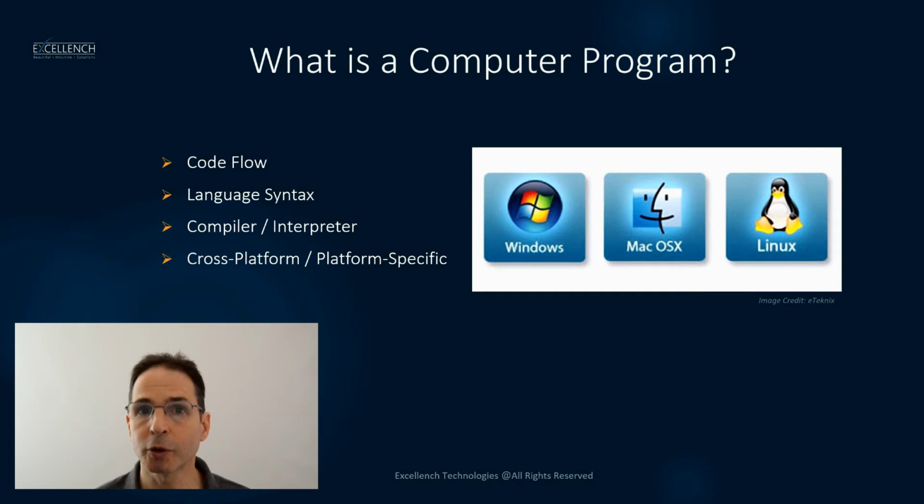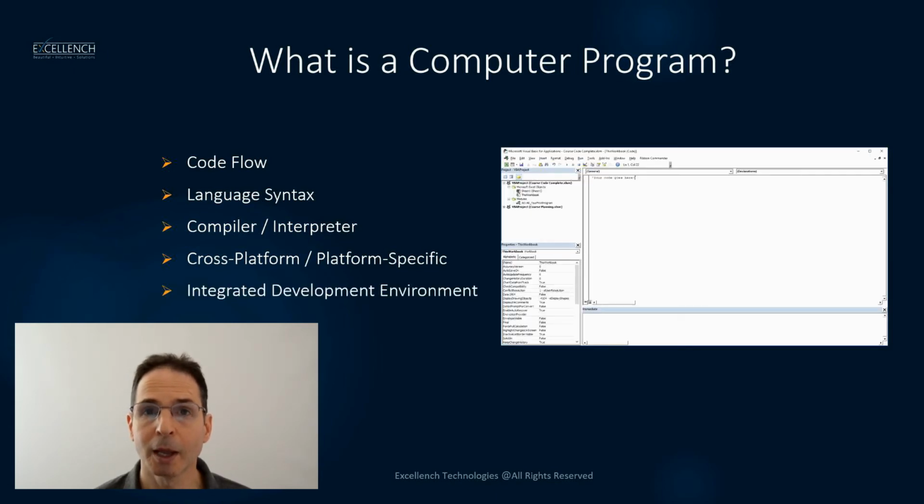Now, some languages produce code that are cross-platform, that can be run on any platform. Java is a good example. Python is another good example. They have interpreters for each and every platform typically. So just so you know, when you write code, you need to target a platform or design it so that it will be actually supported by multiple platforms.